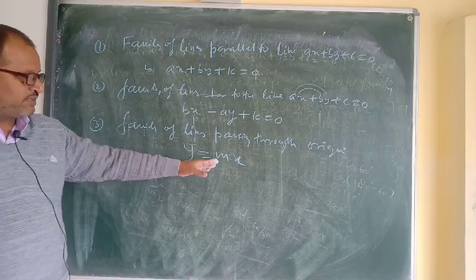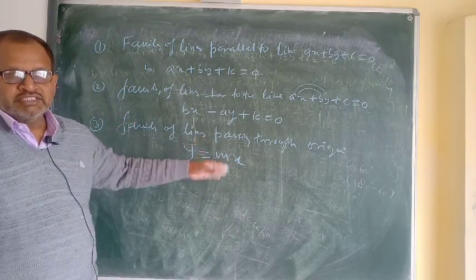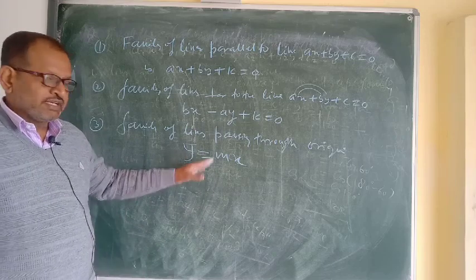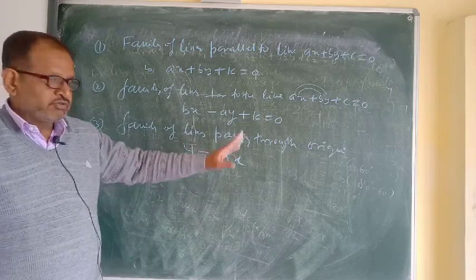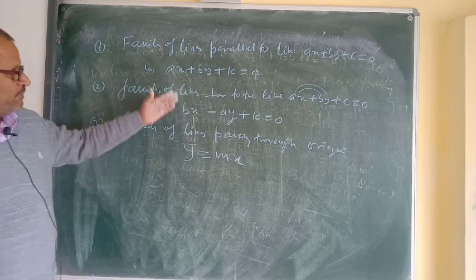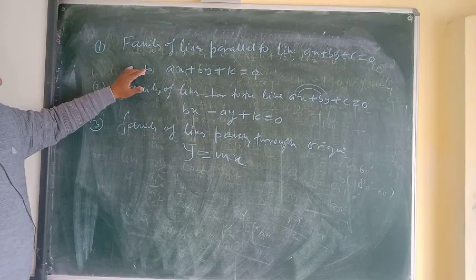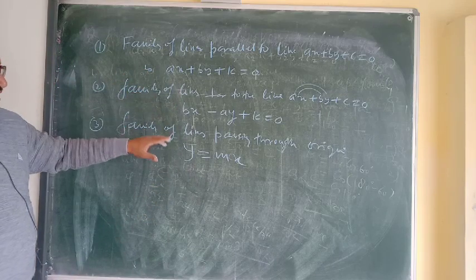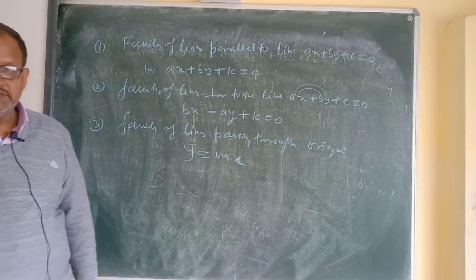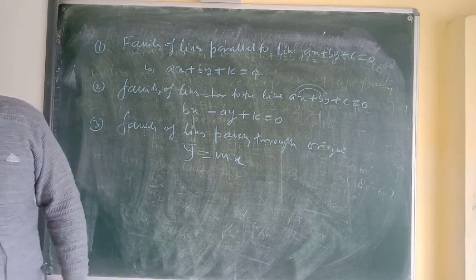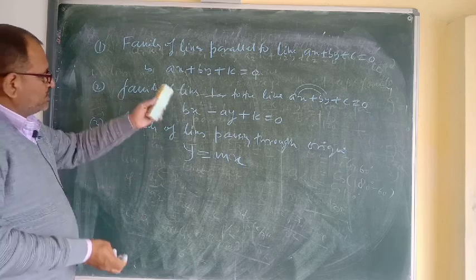We can take different values of m. So we can get many lines passing through the origin. So these are the families of lines parallel to a given line, perpendicular to a given line and passing through the origin. So let us see one question based on it.